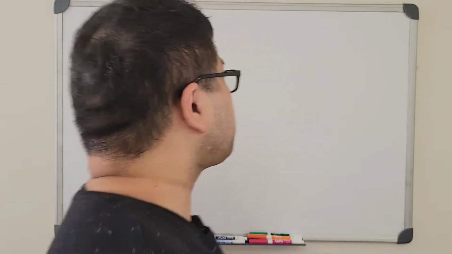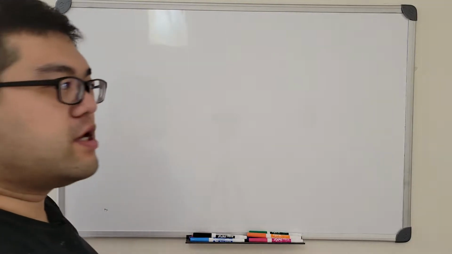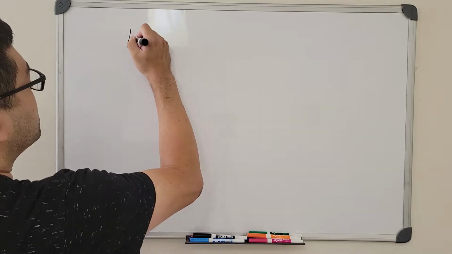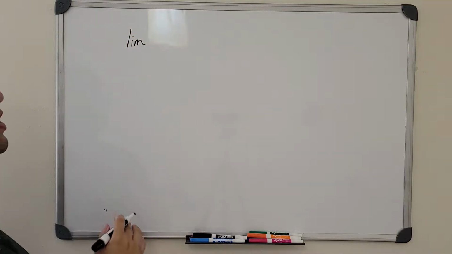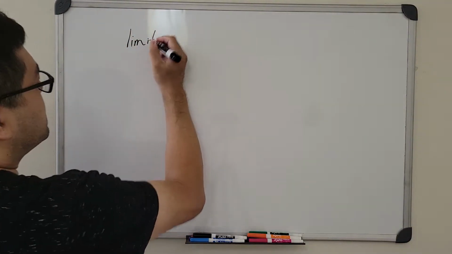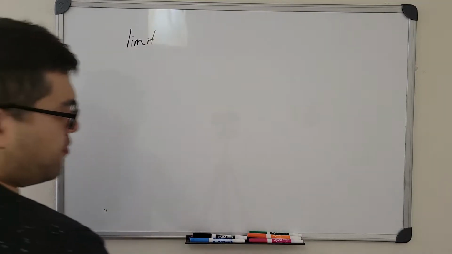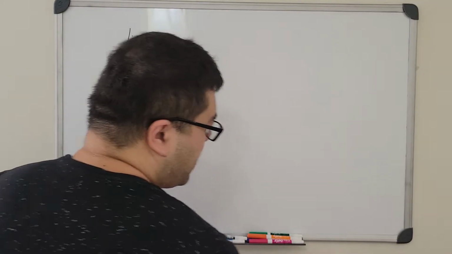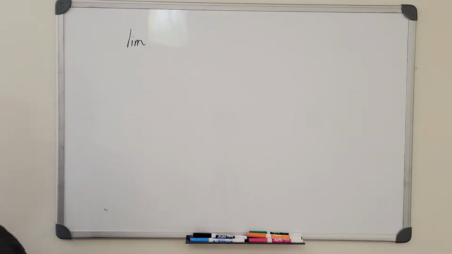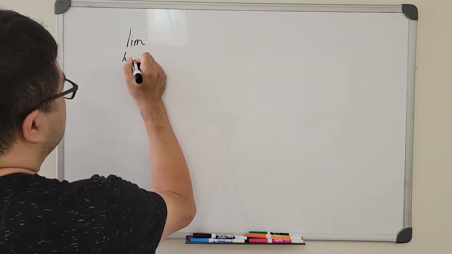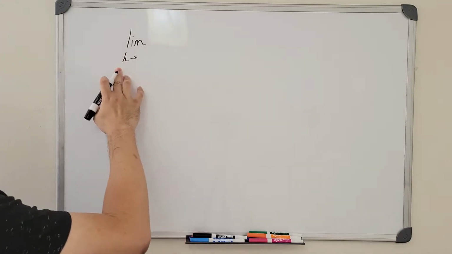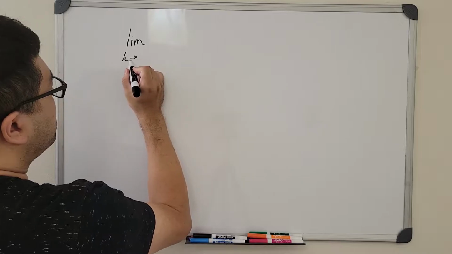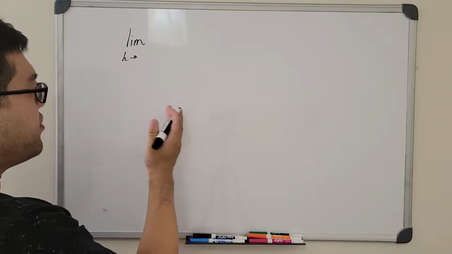In calculus, the first topic that you probably have learned is the so-called limit. We write the symbol using the first 3 letters, lim. Sometimes you see some variable, let's say h, going with an arrow to some value.